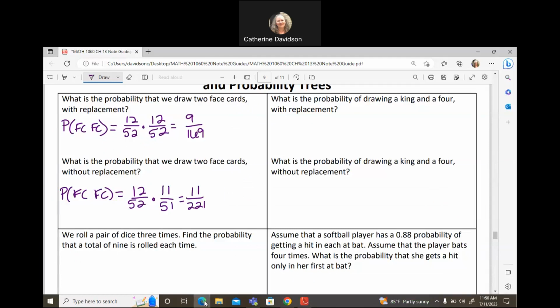What's the probability of drawing a king and a 4 with replacement? King and a 4. All right, so the probability you draw a king, there are 4 kings out of 52 cards. Then we're going to put the king back in. There are 4 4s out of 52 cards.